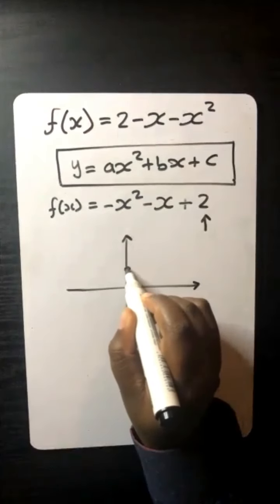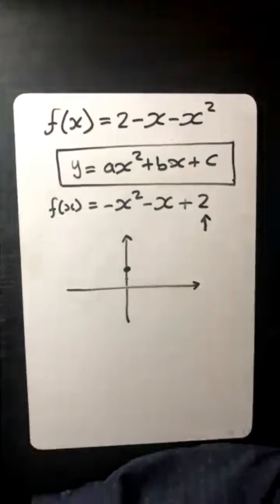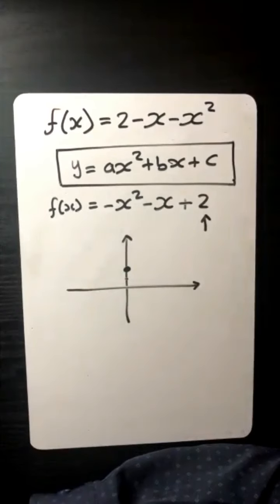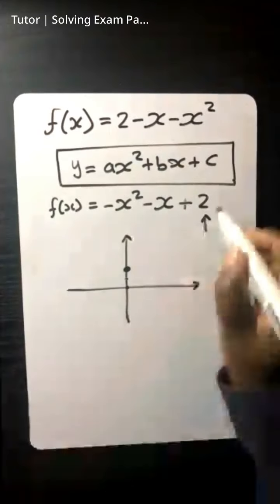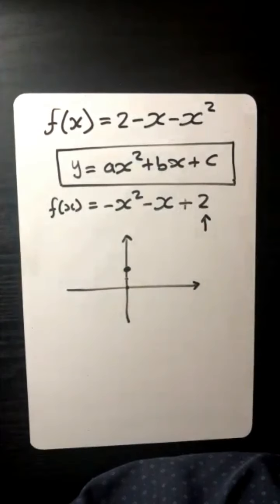So our function will touch the y-axis above the origin, which is that point over there. Why? Because our c value is positive 2.